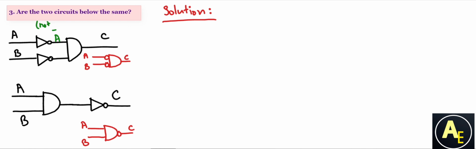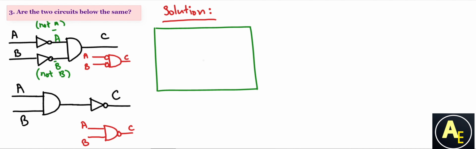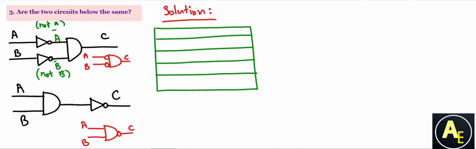When input A passes through a NOT gate, we can call that A bar, also known as NOT A. The same can be applied to input B. Our truth table will therefore have 5 columns: A, B, NOT A, NOT B, and of course our final output C.